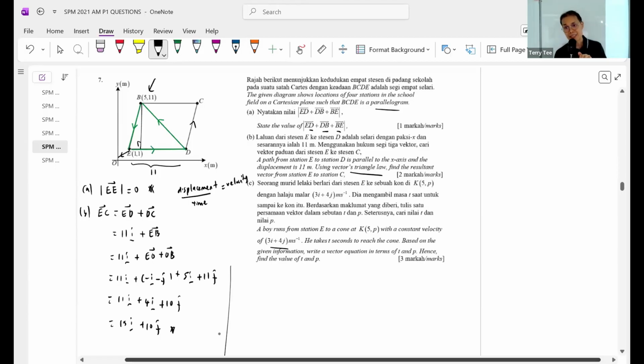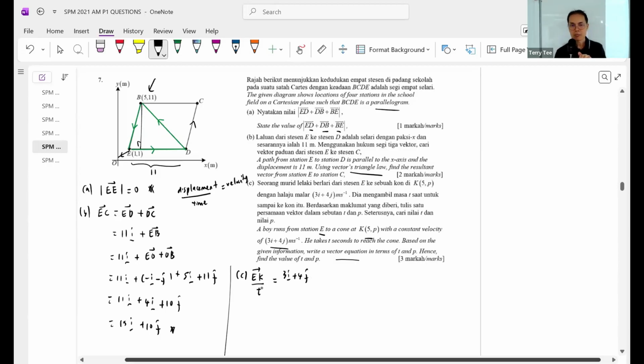So when they say vector equation, they are referring to this equation. What's your displacement? I'm going from E to K, so you are actually finding displacement EK, divided by time, right? He takes t seconds, equals velocity. What's your velocity? 3i plus 4j.